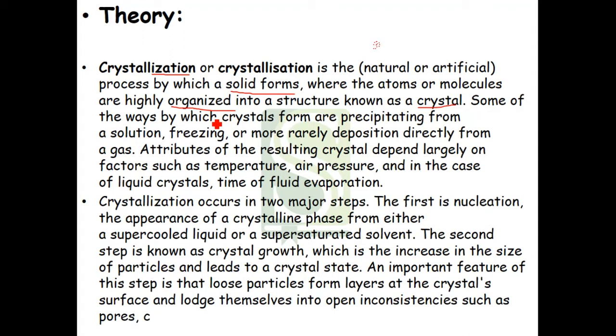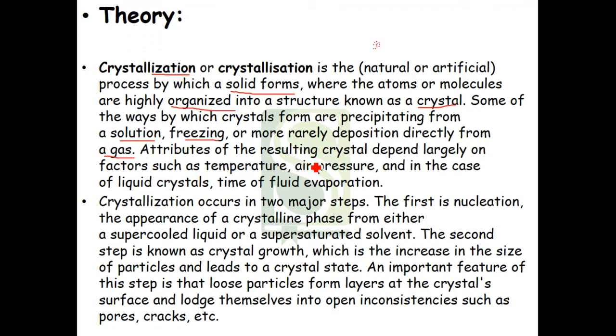crystal. So some of the ways by which crystals form are precipitating from the solution. Then you can also carry out crystallization by freezing, or very rarely by deposition directly from the gas. Okay, so these are the two methods, either by precipitating or by freezing.